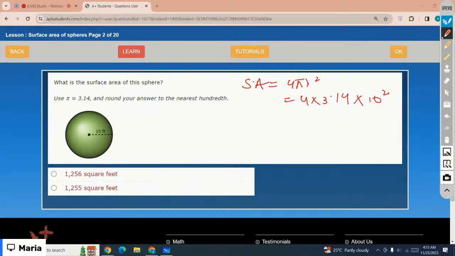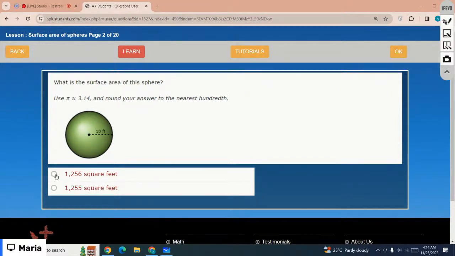Okay, so the correct option is 1256 square feet. Option number 1 is the correct option.